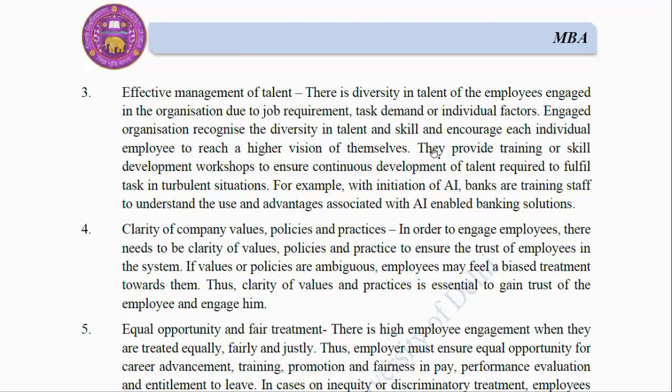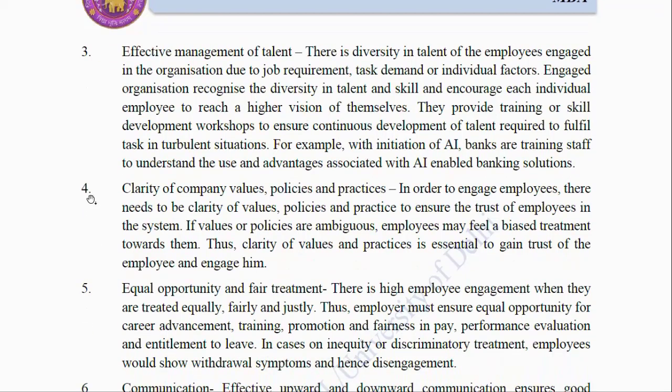They provide training or skill development workshops to ensure continuous development of talent required to fulfill tasks in turbulent situations. For example, with the initiation of artificial intelligence, banks are training staff to understand the use and advantages associated with AI enabled banking solutions.